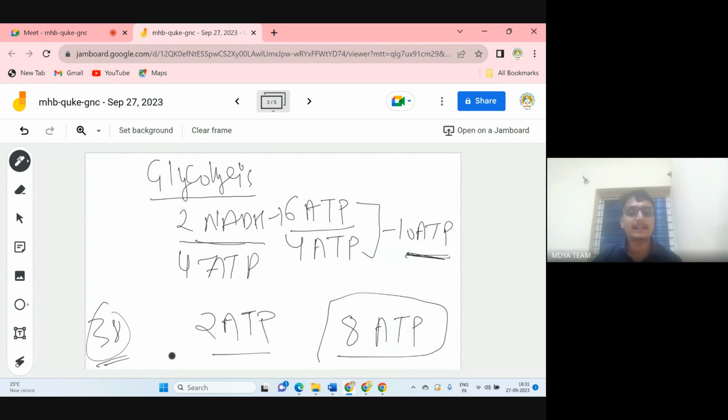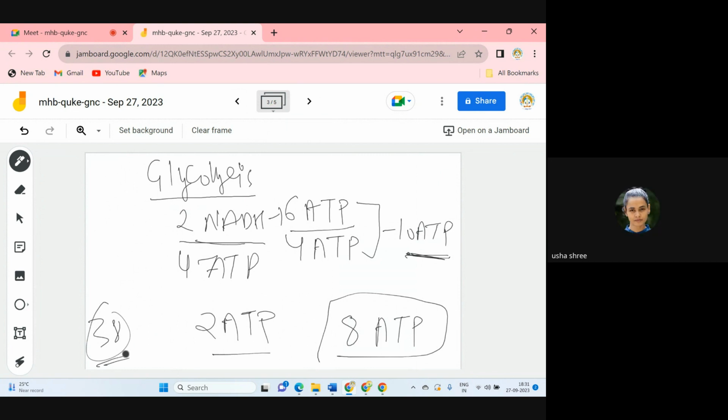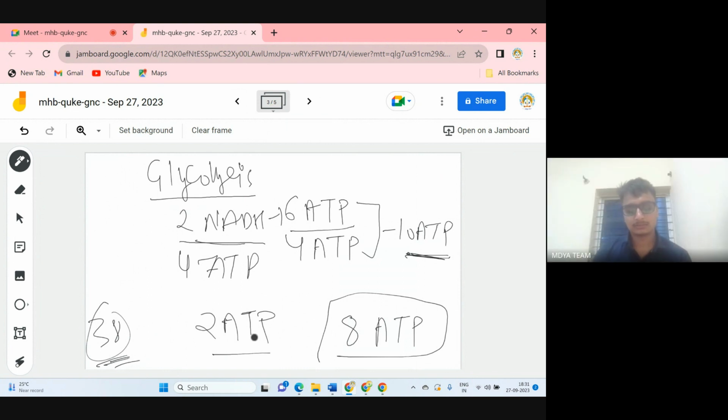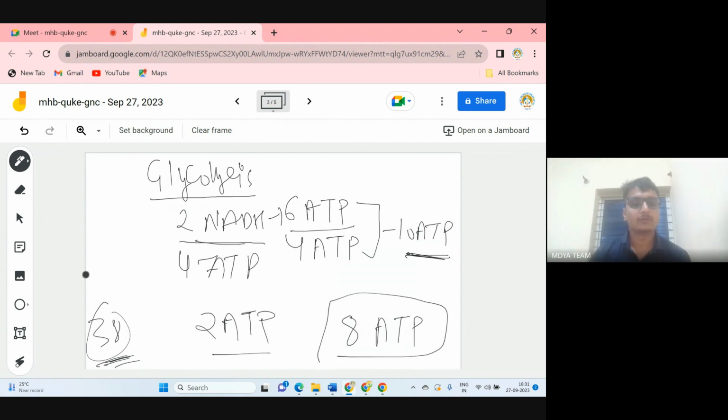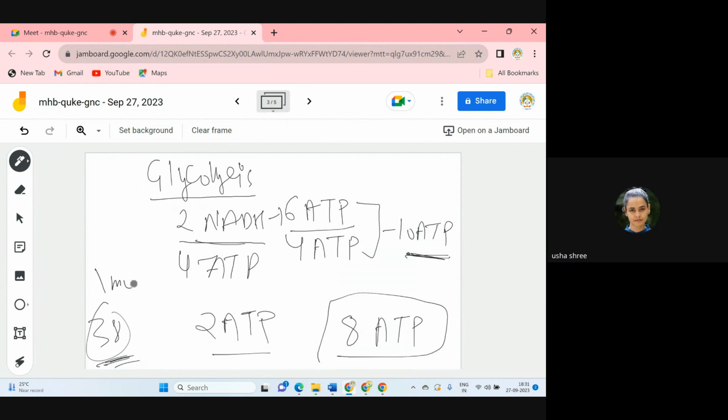So if you have a question on the net ATP production from one molecule of glucose, it will be 38 ATP from one molecule of glucose.